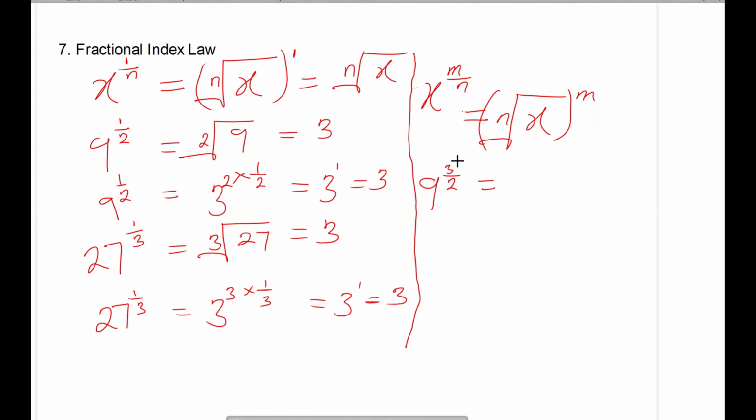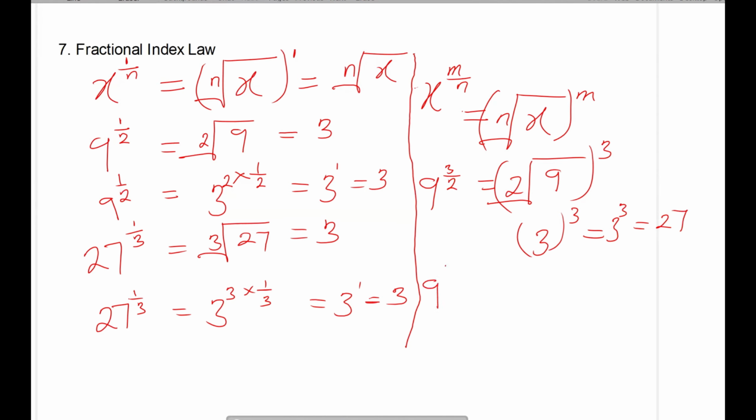Don't forget it's the denominator, not the numerator. Because the denominator is 2 here, it is the square root of 9, to the power of 3. Now the square root of 9 is 3, so 3 raised to the power of 3, and that will give us 27.